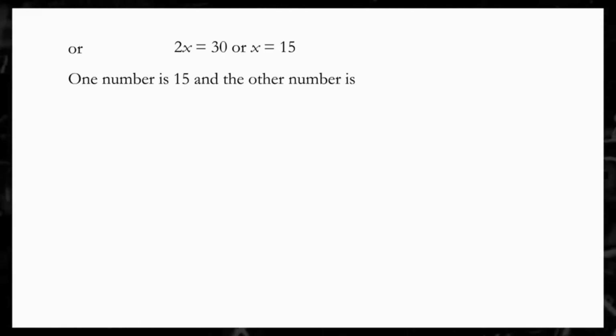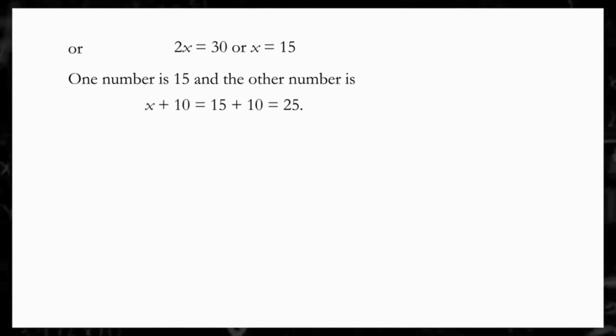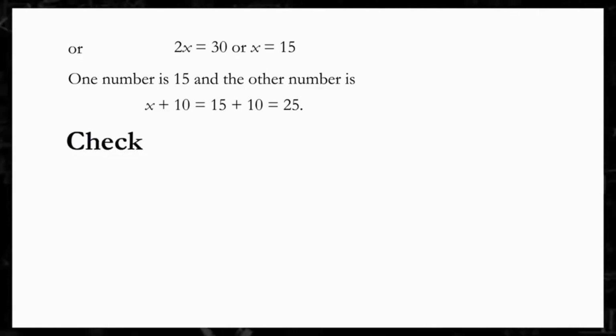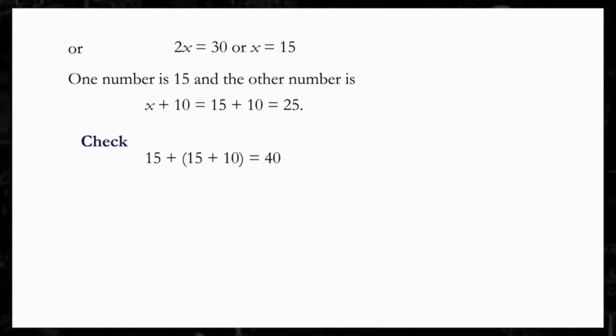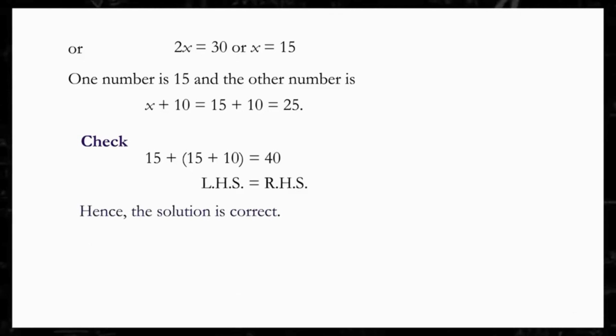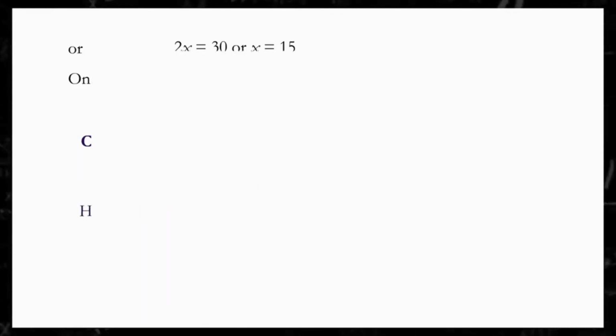One number is 15 and the other number is x plus 10 is equal to 15 plus 10 is equal to 25. Check: 15 plus (15 plus 10) is equal to 40. LHS is equal to RHS. Hence, the solution is correct.